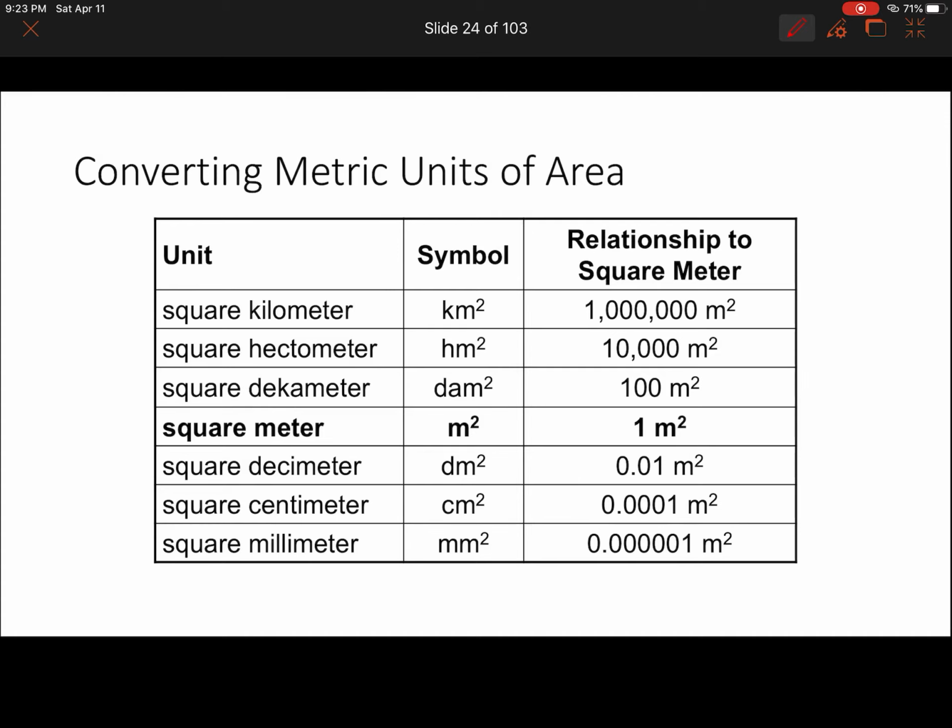And then going the other direction, a decimeter is a tenth of a meter, a centimeter is a hundredth of a meter, a millimeter is a thousandth of a meter.